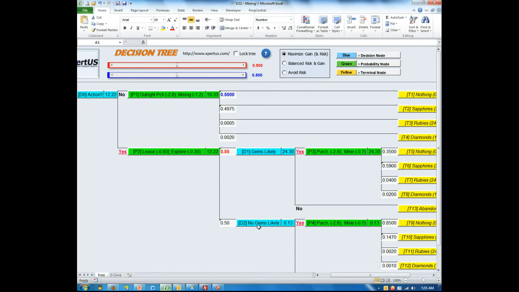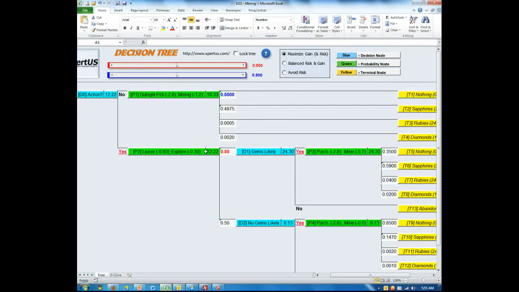I want to draw your attention to two numbers, the one in blue and the one in red. The one in blue is tied to this blue scroll bar, which says the likelihood of not finding any minerals at all if we purchase outright.